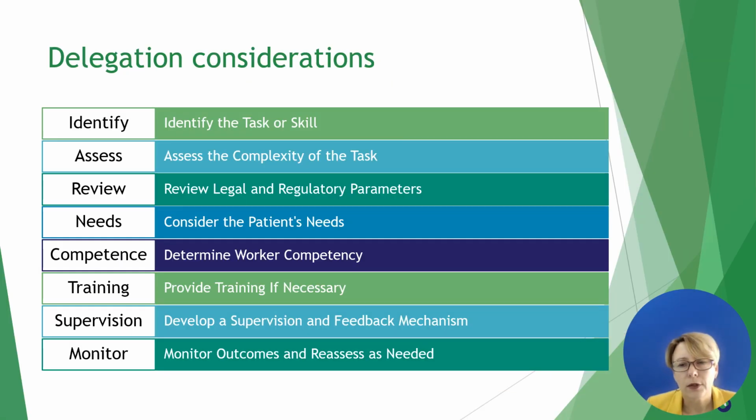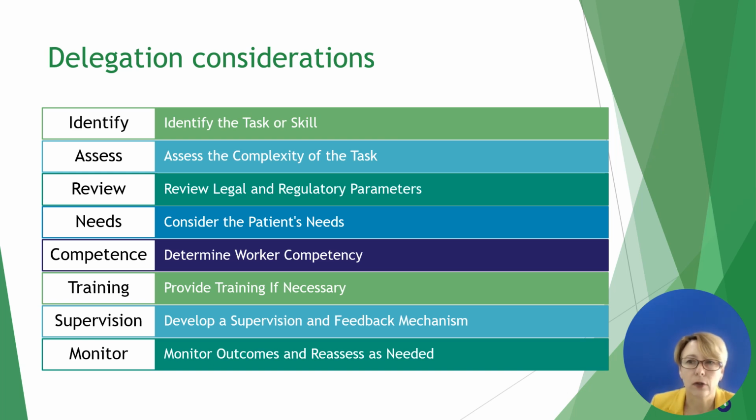So when you're thinking about what should be delegated to an allied health assistant, there are a number of issues that should be considered. And these issues really are good practice when it comes to competency and credentialing of any kind of worker, not just allied health assistants, but keeping these principles in mind will set up a safe delegation framework. So the first point is to identify the task or skill that you think needs to be delegated.